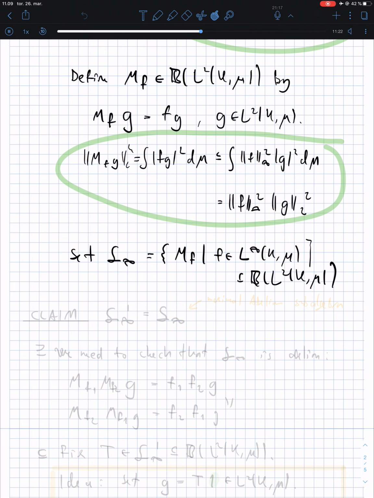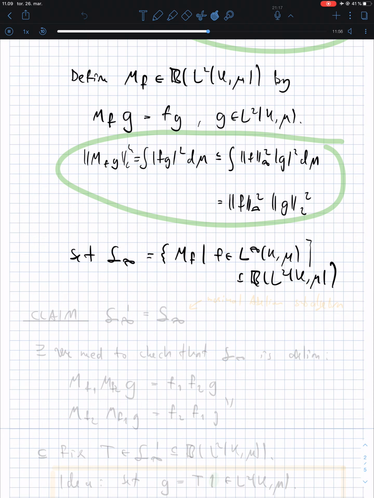So what I've done here is that I created a family, if you like, of operators. They're sort of multiplication operators. They work by taking a function and multiplying it on the L2 function, except, of course, the elements in L2 are not strictly speaking functions. They're equivalence classes of functions that are the same almost everywhere, but that's not a problem for what we're doing here. And my claim is that L infinity is actually going to be an abelian von Neumann algebra.